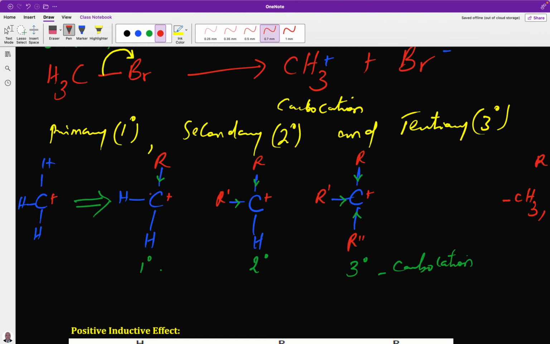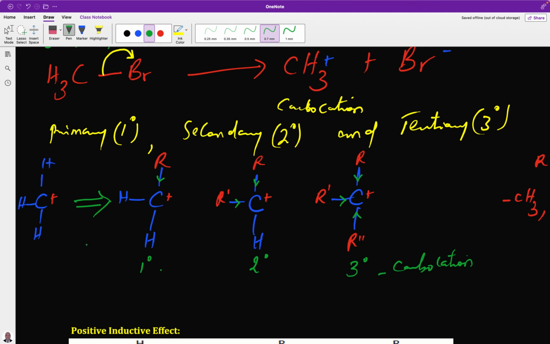So we now say the alkyl groups have what we call a positive inductive effect. By doing what? By donating electrons to the positively charged carbon.